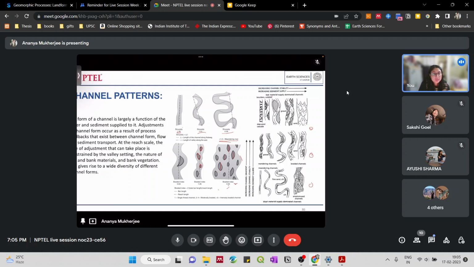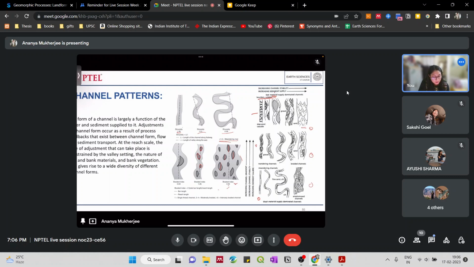This is mixed, and this is mostly your dissolved or suspended material that is present in the channel. If you have more boulders and cobbles, that is larger sediments, you will find such kinds of channel forms. You can see that with increasing sediment supply, it will become more and more braided.